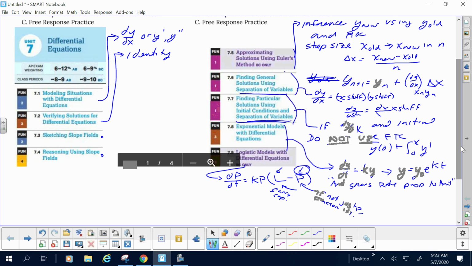Factoring also will affect the K. As far as the actual exponential or logistic equation model, which is this guy, L over 1, the good news is I haven't seen one single free response nor multiple choice that required you to know that. So we're going to let that go, although it's good stuff to know. Mostly they focus on the differential equation that you need to know.